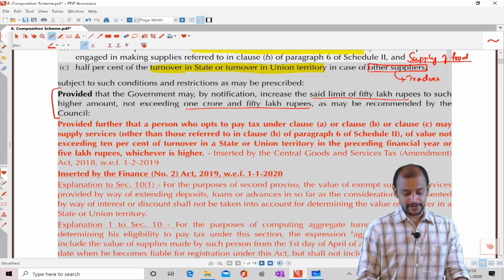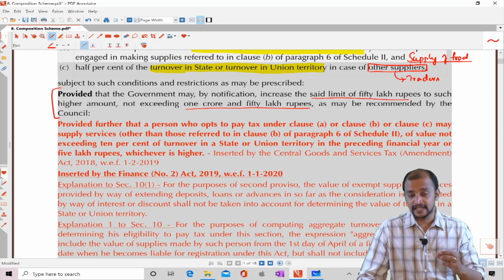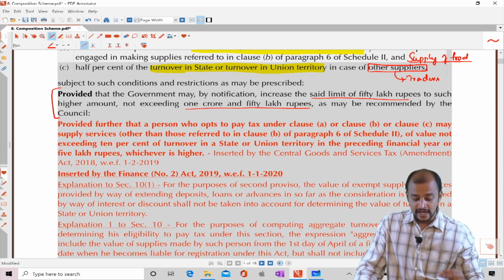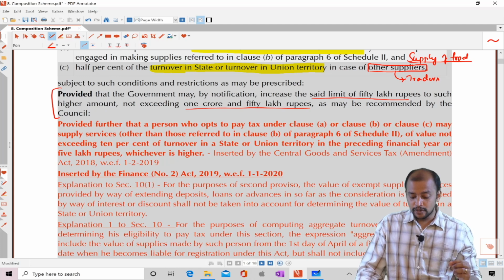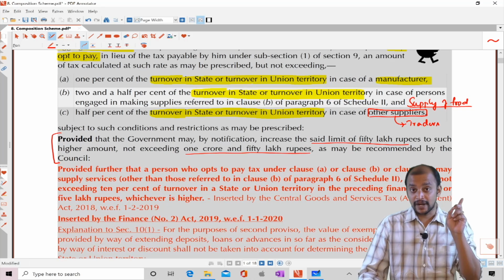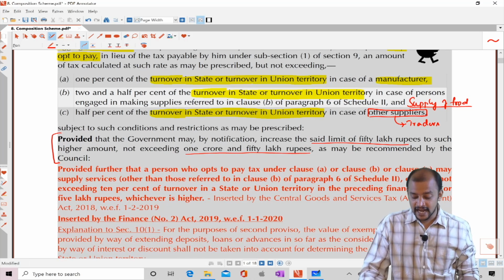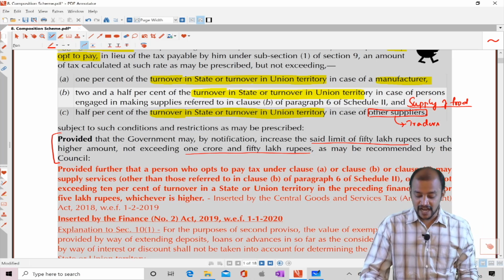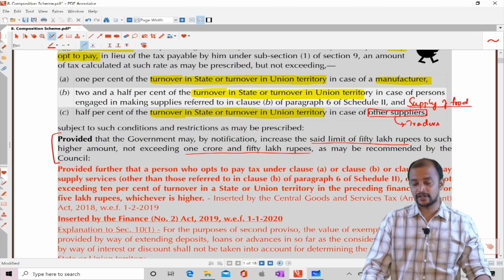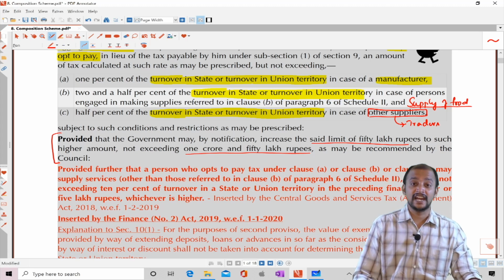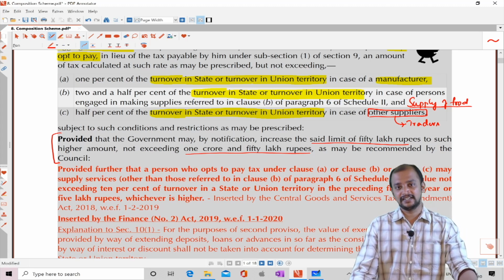Now, look into this. Provided further that, look into the second proviso, that's like amended. Provided further that a person who opts to pay tax under clause A or B or C may supply services other than those referred in clause B of paragraph 6 of schedule 2 of value not exceeding 10% of the turnover in a state or union territory in the preceding financial year, or 5 lakh rupees, whichever is higher.